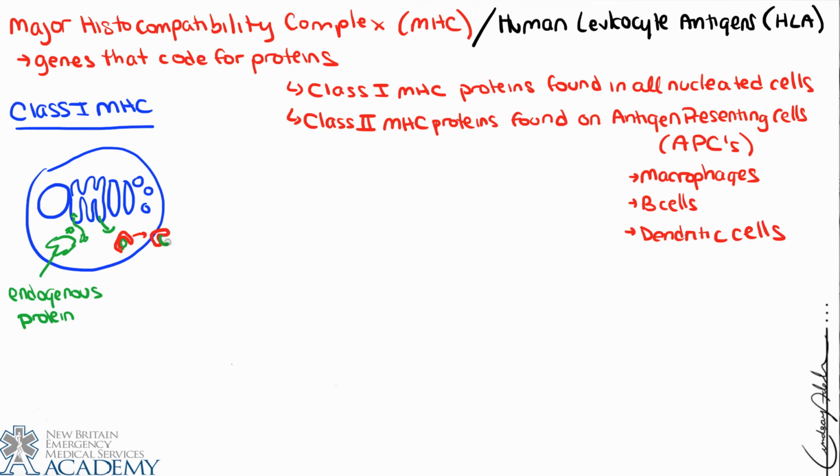So we can see class 1 MHC protein is now sitting in the membrane, and it's holding on to a fragment of this degraded protein. And so this is a self-antigen. So when the T cell floats by, and we haven't mentioned T cells specifically other than that they're a type of lymphocyte, but T cells are going to be the ones that mostly interact with these proteins, so those are the ones that we'll draw.